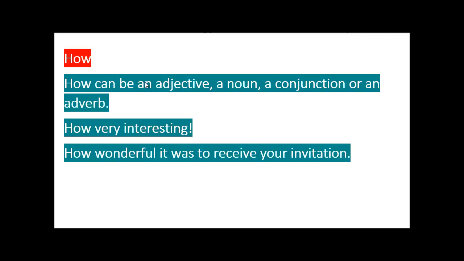If it is relating to a noun, how or why or what, it is a relative pronoun. If it is relating to a verb, it is going to be an adverb. An adverb describes a verb.